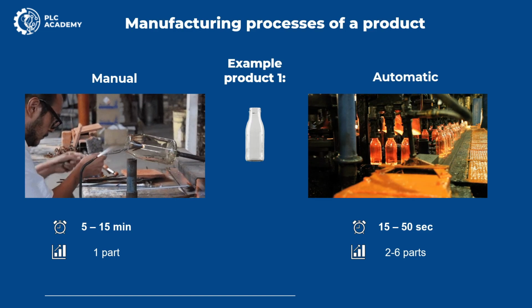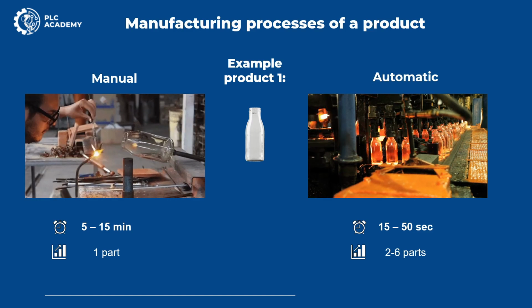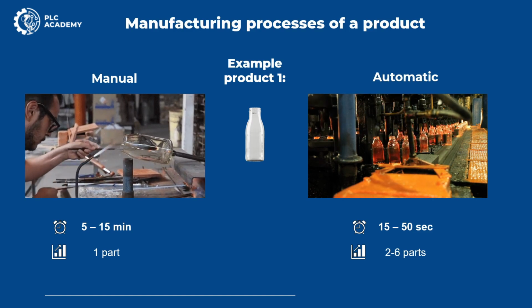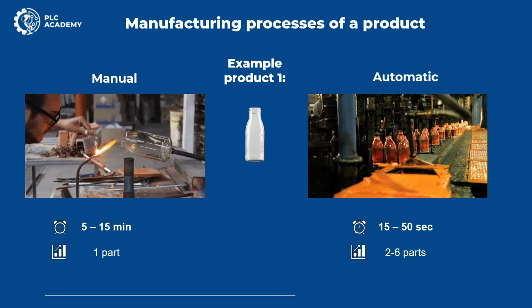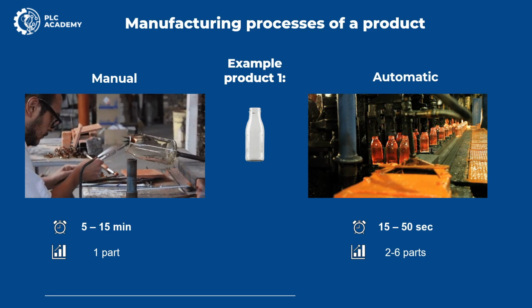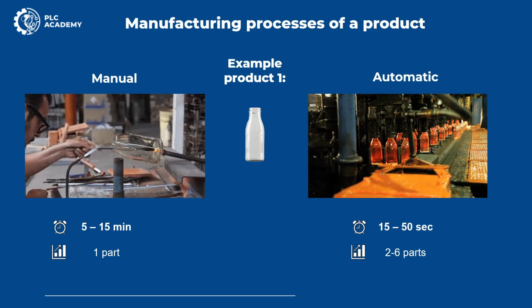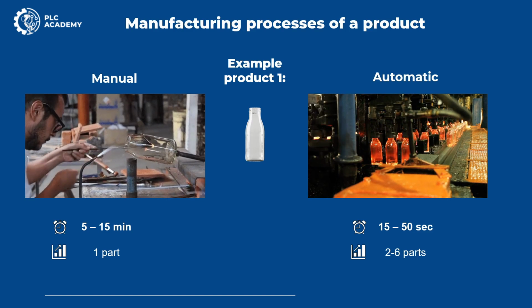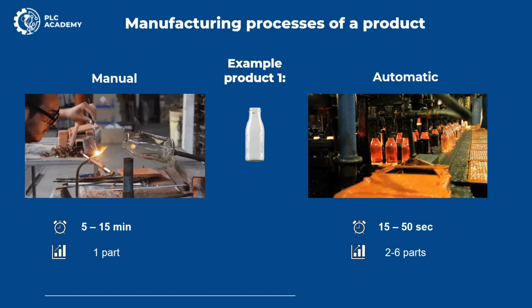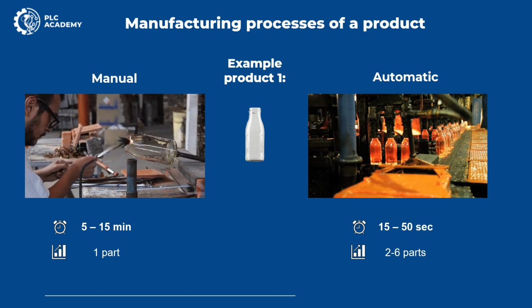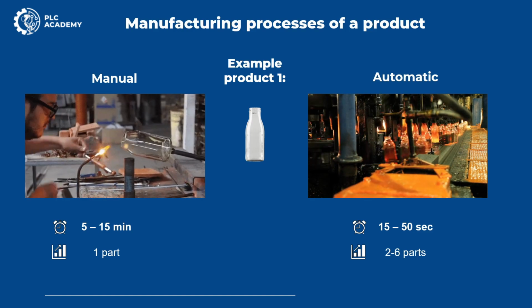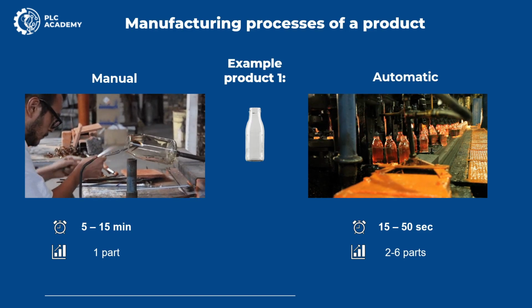And if it uses servo motors, which most likely it does, servo motors are very quick, people. Now, this is 15 to 30 seconds. Okay? And there's much quicker machines, but we're going to go with the average.